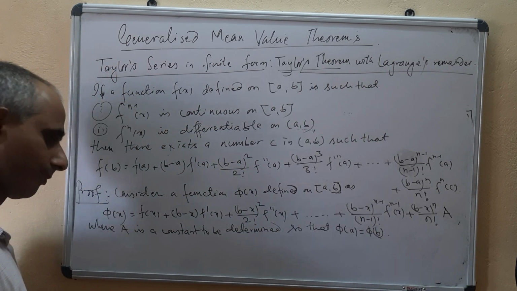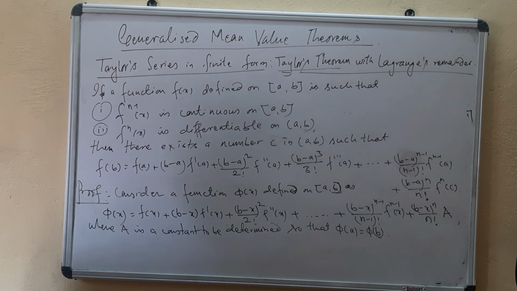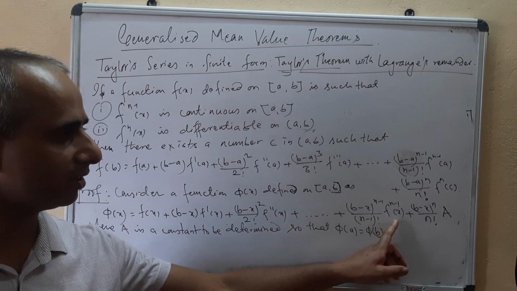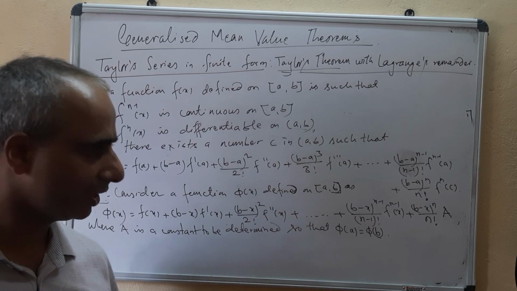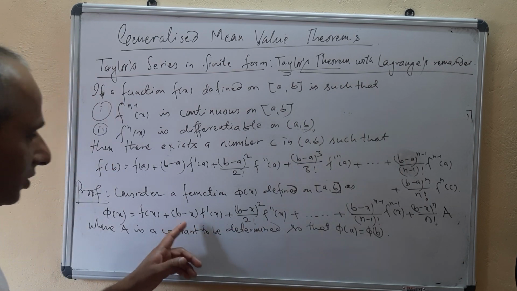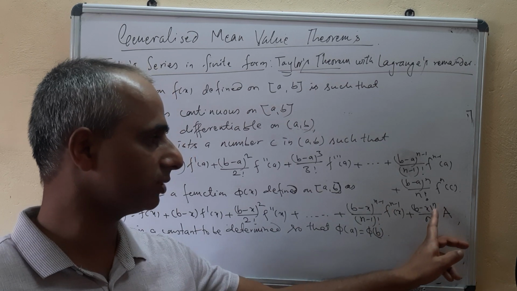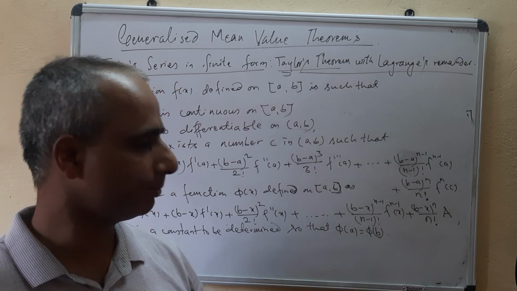Now look here. We define a function phi(x) by using the functions f(x), f'(x), f''(x) till f^(n-1)(x) and other polynomial functions. You can see (b-x)^2, (b-x)^(n-1), (b-x)^n, the other polynomial functions.